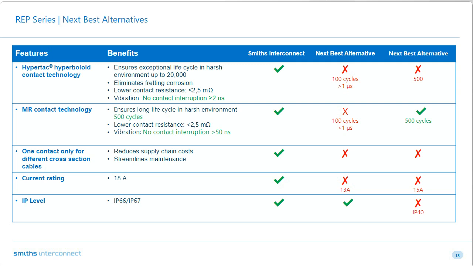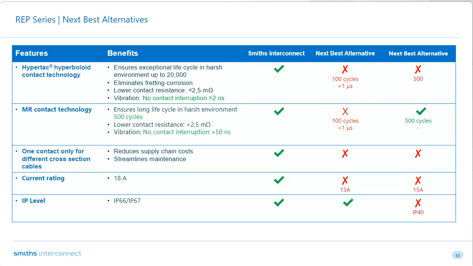I suppose this slide is a nice way of representing that, frankly speaking, no wonder why Smith Interconnect's products often have become a de facto standard for this application, right? Because if you package all these requirements in one simple body, it's genuinely difficult to find one in the market.